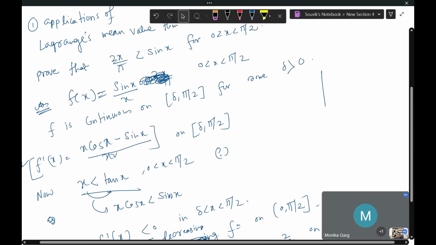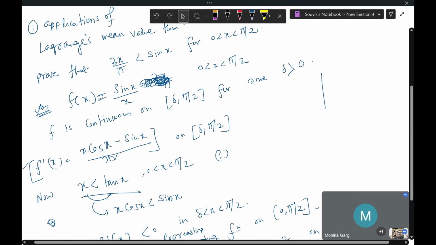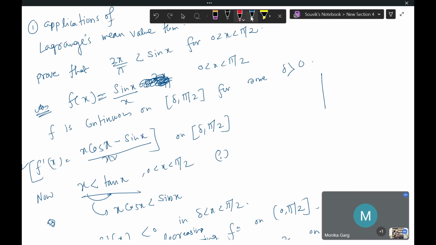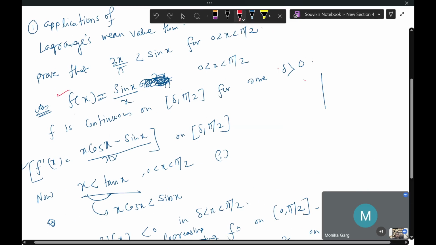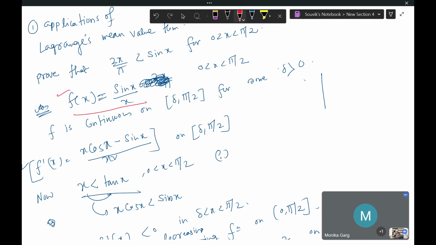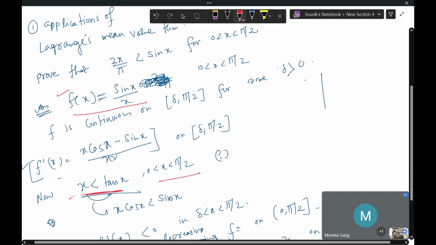Let me repeat the whole solution here. First, we started with f(x) is equal to sin x by x, on which we are going to use the Lagrange's mean value theorem. Obviously it's continuous. Now look at f'(x). Since x is less than tan x for 0 less than x less than pi by 2, this tells that f'(x) is less than 0. This implies f is a strictly decreasing function. And as f(pi by 2) is equal to 2 by pi, f(x) is greater than 2 by pi on 0 less than x less than pi by 2.